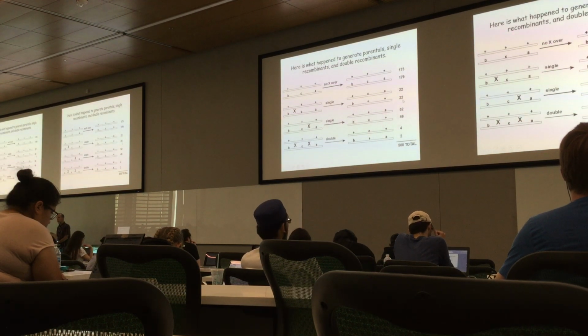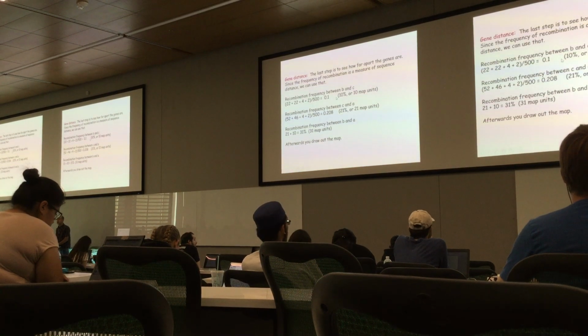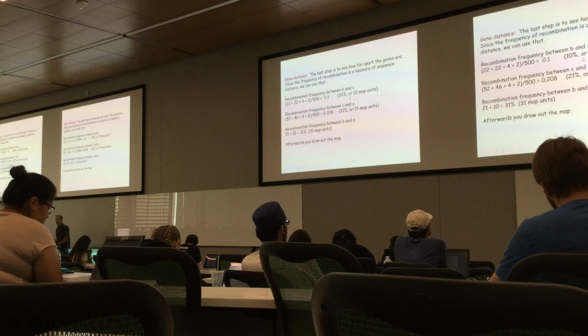Both of those are due to a recombination event between B and C, plus the doubles have a recombination between B and C as well. So we add up this number plus this number and divide it by the total, and we get, in this case, 0.1 or 10% recombinance between B and C, which gives us 10 map units.